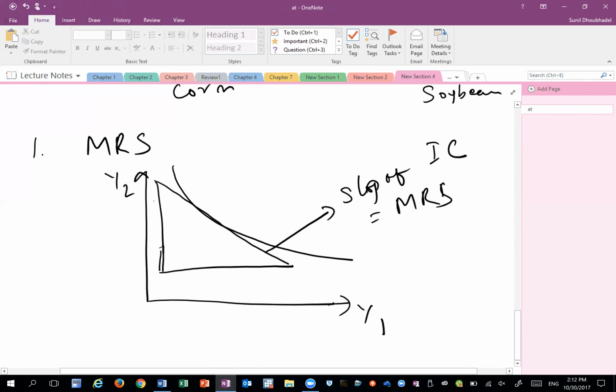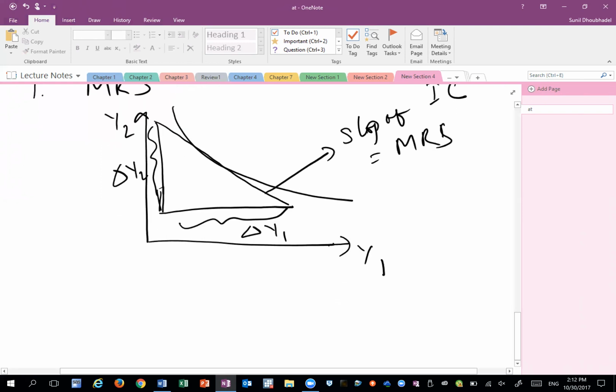How much of y2 you need to give up, so this would be delta y2, to gain delta y1. So that is the trade-off rate. It is the rate of substitution between two goods that gives you the same level of satisfaction. Okay, so that is the marginal rate of substitution.